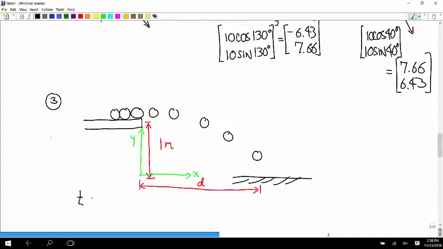Then time equals 0 is when it leaves the table. Time final is when it hits the ground. And the origin and the coordinate system orientation are both shown.